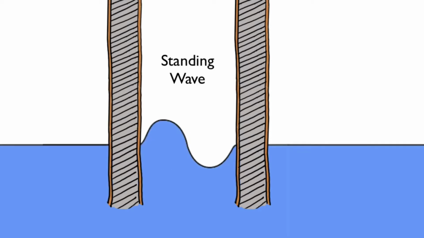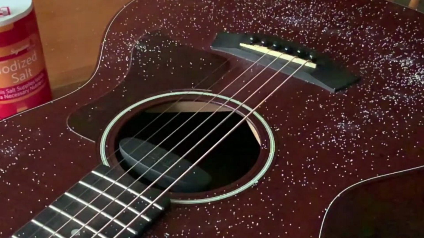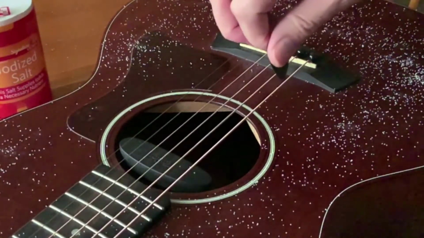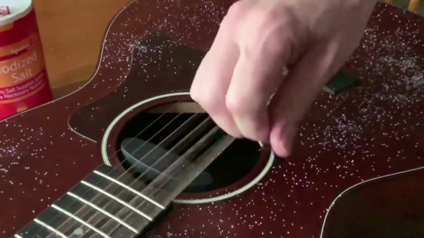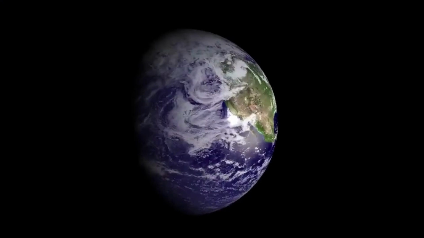Notice that to have a standing wave, the dimensions have to be just right, typically some multiple of the wave's wavelength. A musical instrument, such as a guitar or a flute, is engineered just right to accommodate standing waves, vibrating within the instrument, producing beautiful sounds. That's good energy.